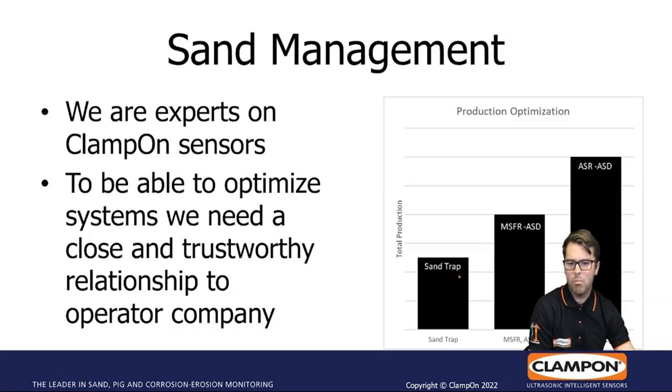So by doing good sand management work, using the ClampOn sensors, you can increase your production a lot. Maybe not by the rate this much as I illustrate here, but you don't have this much downtime. You don't need to replace your choke, etc. So you get a more stable and predictable flow.